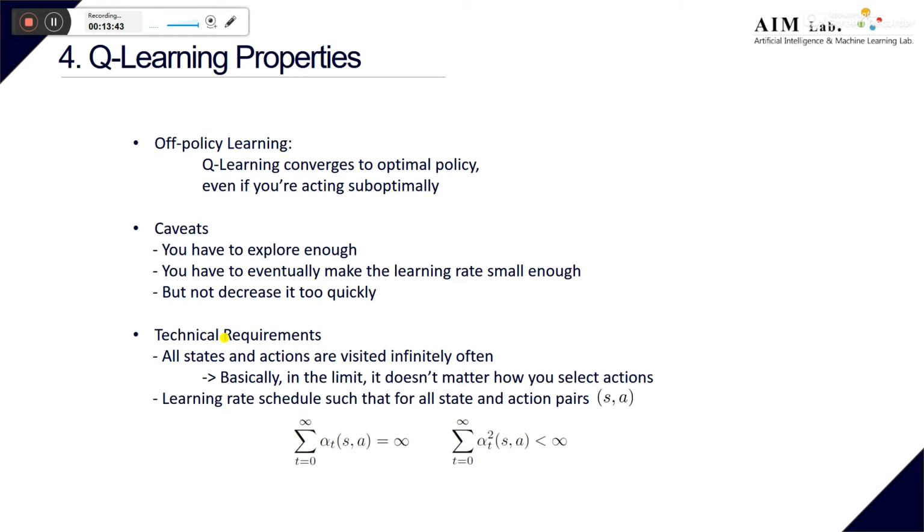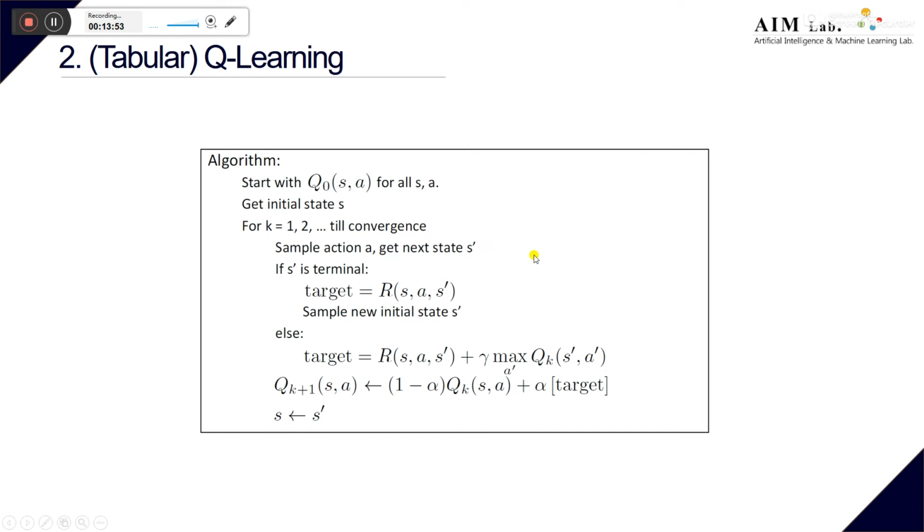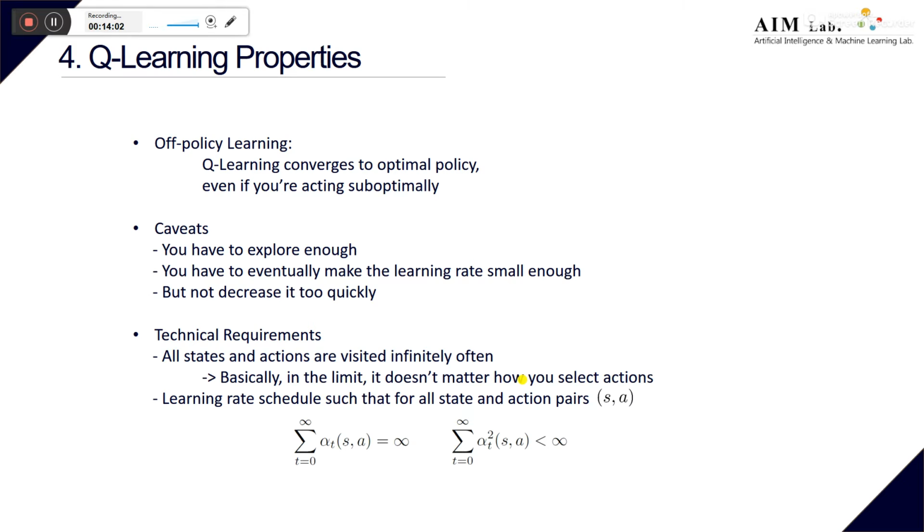Another condition is that we have to eventually make the learning rate alpha, in the summation of target and Q, small enough, but not decrease it too quickly. These caveats follow from the technical requirement that our states and actions are visited infinitely often.